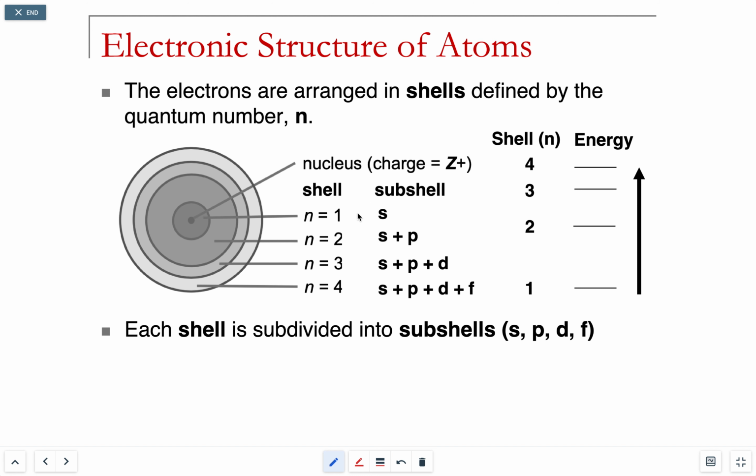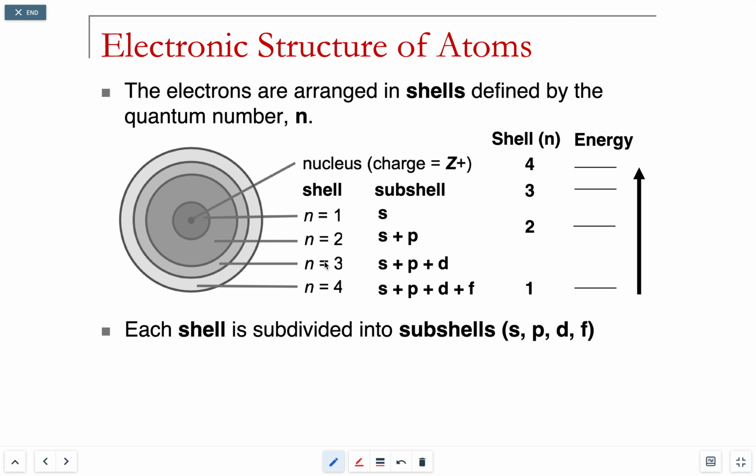Now, quantum theory predicts the following. In the first shell, only the S subshell is permitted. In the second shell, you get the same type of subshell as in the shell prior to that, which in this case is S, and then you get the next one. The new one is P.